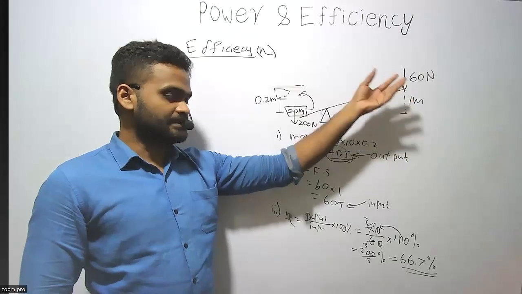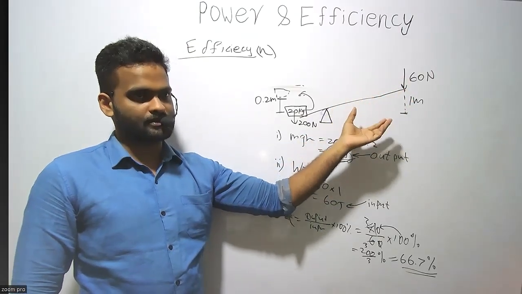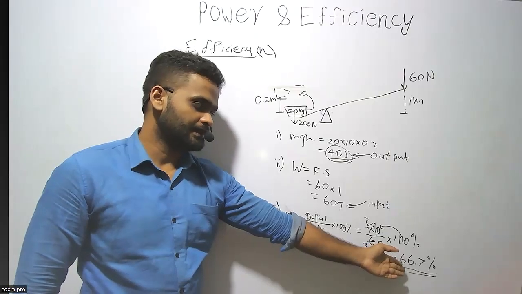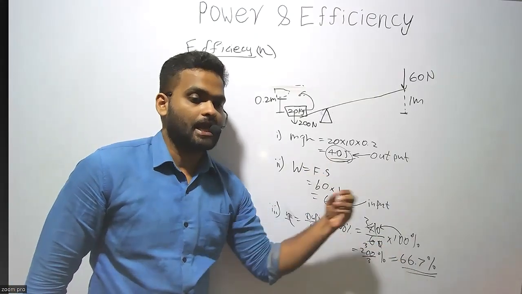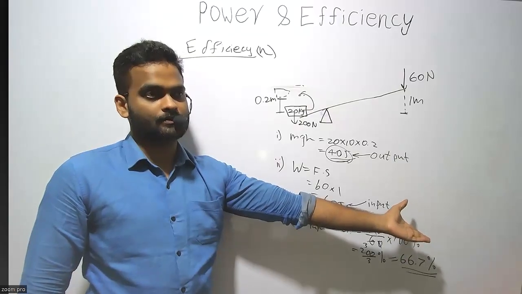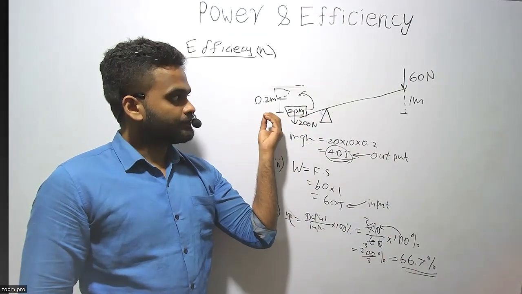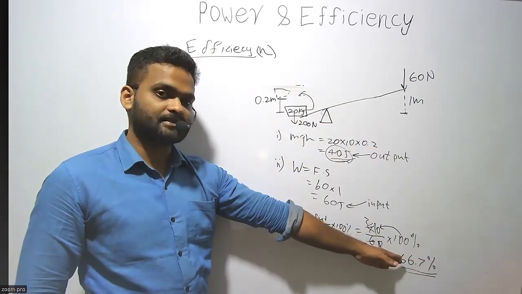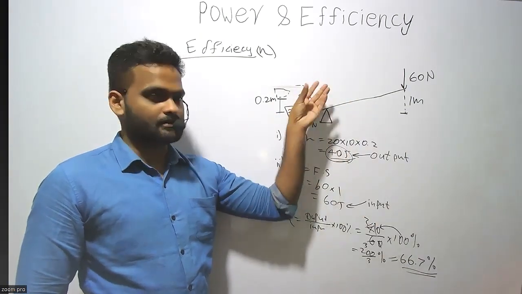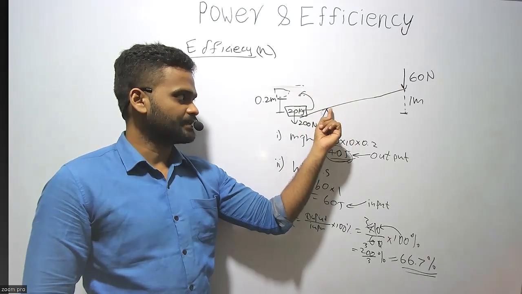So in this lever, we don't have perfect machines, right? It only converts 66.7% as useful work from the input work. The remaining amount, about 33%, is wasted. There can be friction and so on, so it can generate heat.